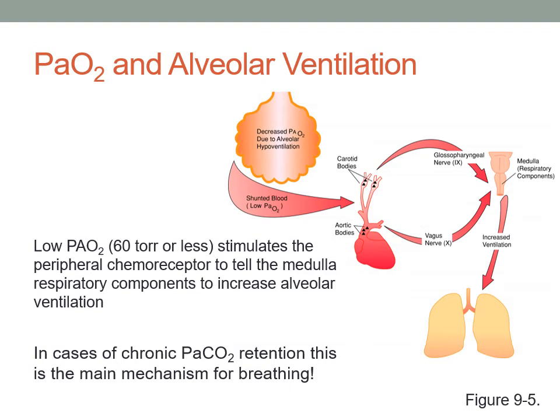In a patient with a low PaO2 and chronically high PaCO2 level, like in end-stage emphysema, the peripheral chemoreceptors may be totally responsible for the control of ventilation. This is because chronically high CO2 concentration in the cerebrospinal fluid inactivates the hydrogen ion sensitivity of the central chemoreceptors.